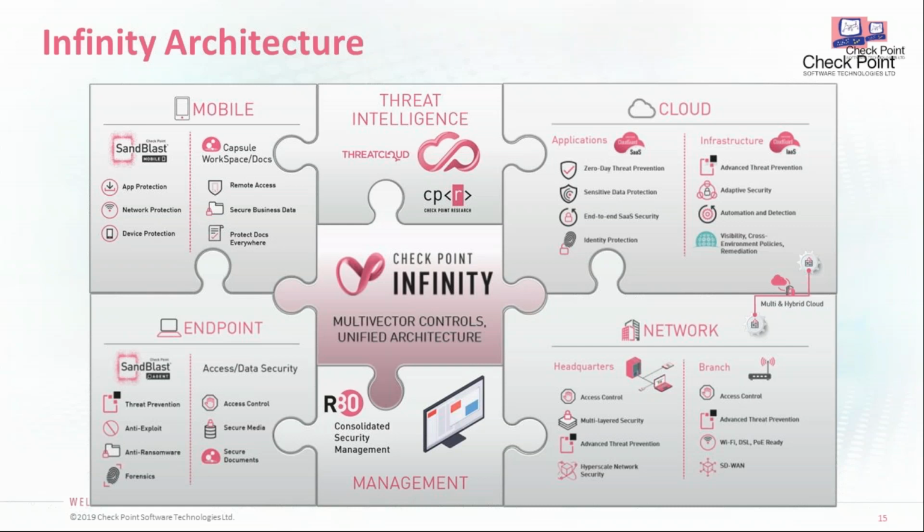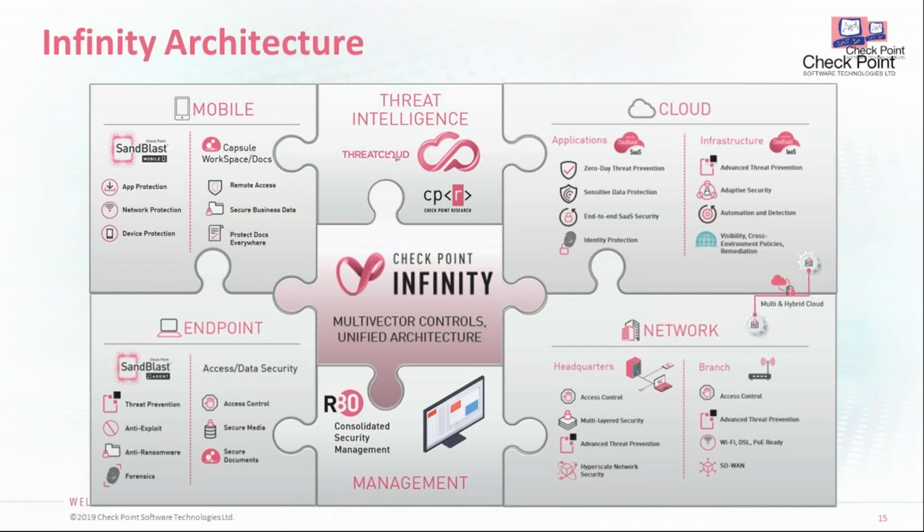And of course, what we have here is our Threat Cloud. For those not familiar with Threat Cloud, it's the largest cybersecurity repository in the world. As I said earlier, we've been around in the industry a very long time, which means we've built up a very large customer base over that time. We have hundreds of thousands of gateways across the globe, and we're feeding information into this Threat Cloud.